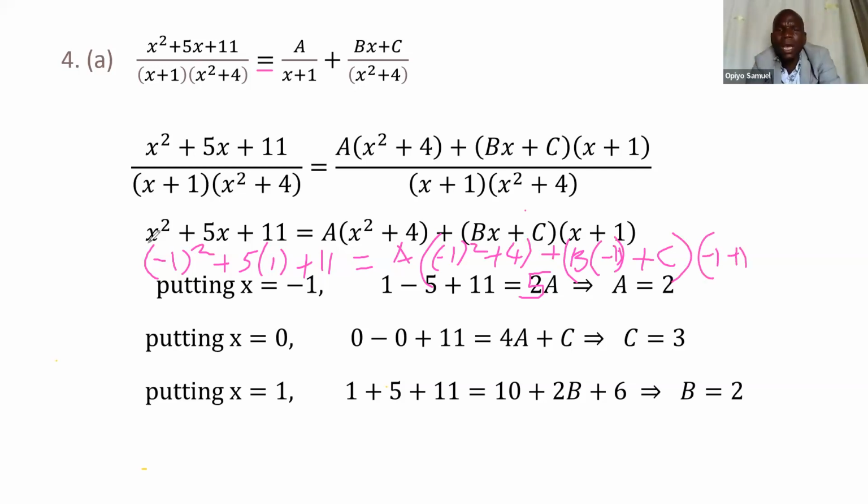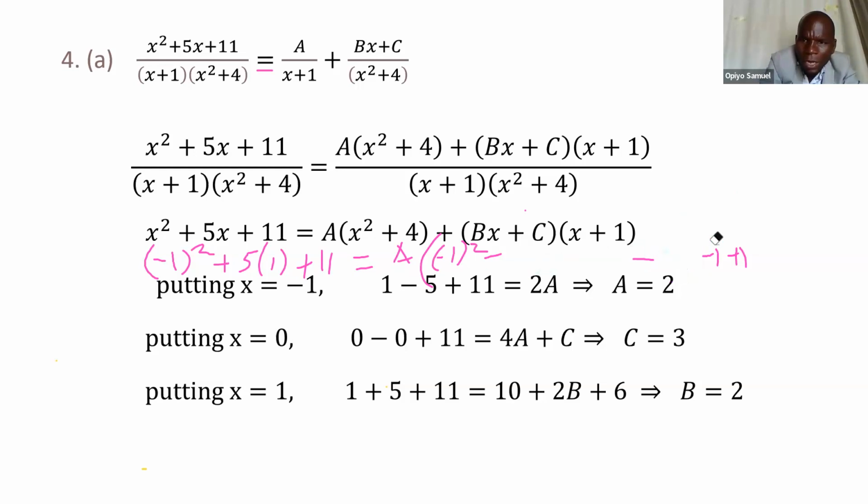You better do this so that you avoid errors. So when we do this, we get a to be 2, b is 2, c is 3. So that is for the constants. We need to determine them as we have stated here.